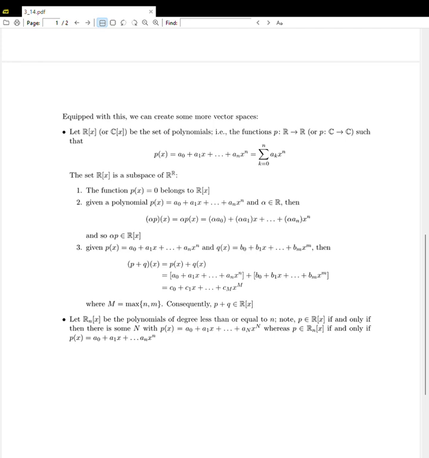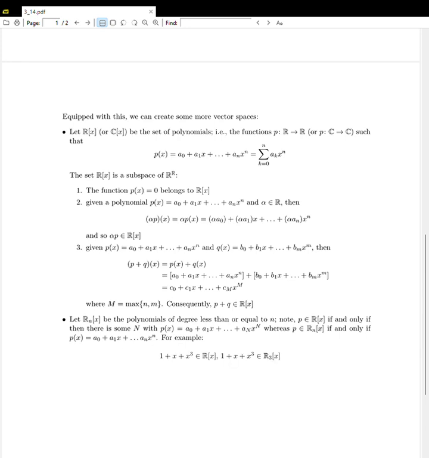Alright, so for example, 1 plus x cubed belongs to the set of polynomials. Alright, so that belongs to the set of polynomials, but what other ones does this belong to? Alright, well, it belongs to, obviously, R3. Right, because it goes up to 3.